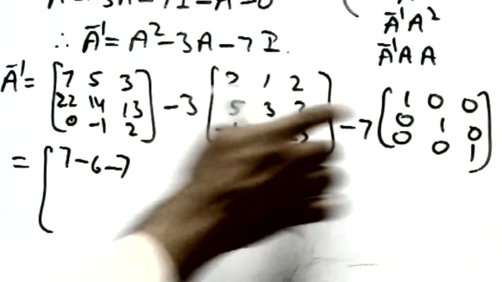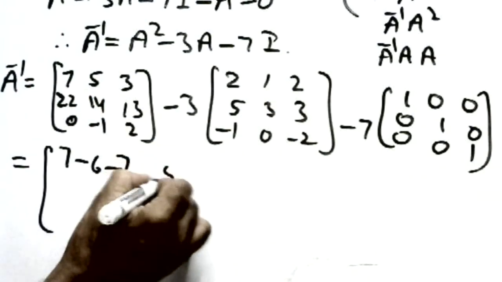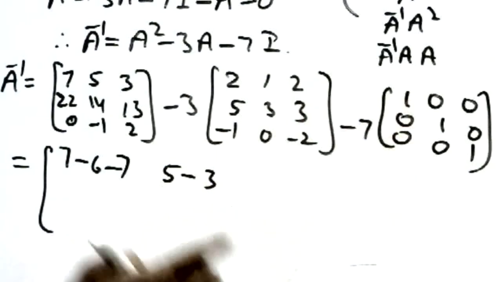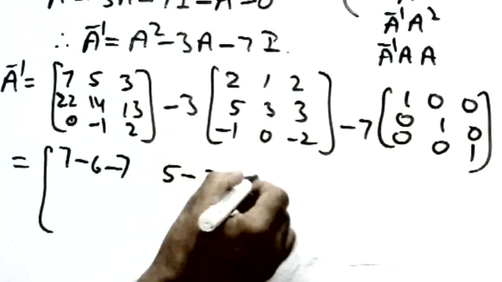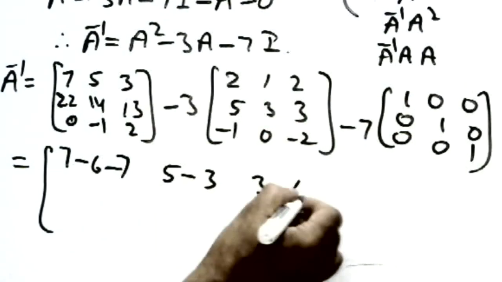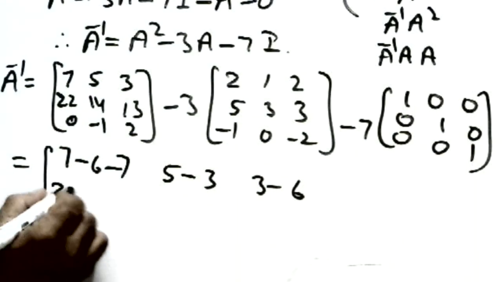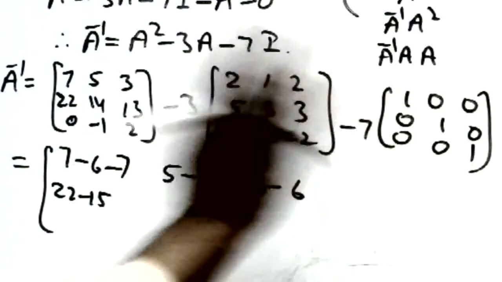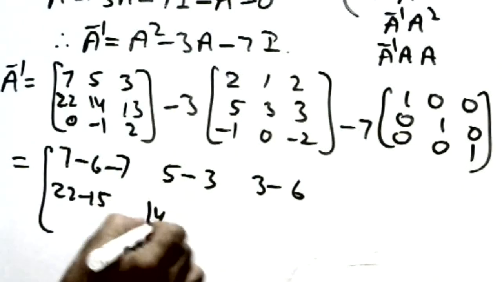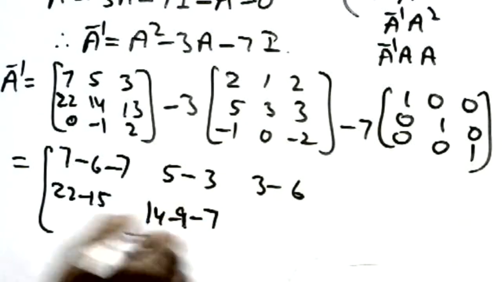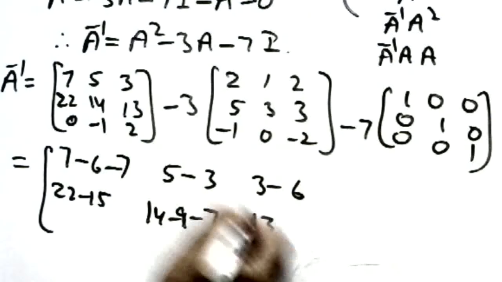Watch carefully. 7 minus 3 into 2 plus... minus 6 minus 7. Now the second term: 5 minus 3 ones are 3, this is 0. No need to write 0. Now 3 minus 3 twos are 6, here it's 0. Now come here, 22 minus 3 fives are 15, 0 here. Now 14 minus 3 3s, 3 threes are 9, minus 7 ones are 7.